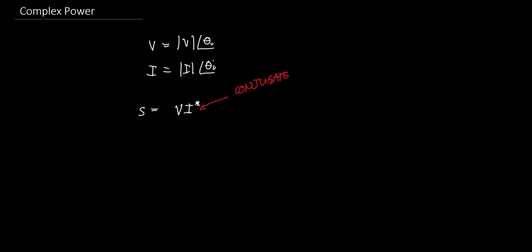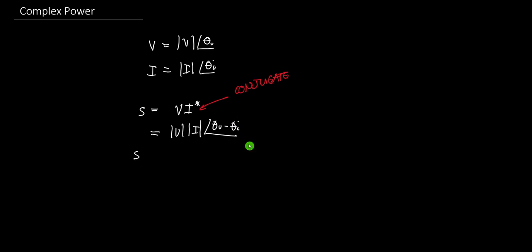So if we multiply now, S has the magnitude of V times the magnitude of I. Then we add the angles, and because this is a conjugate, this should be theta V minus theta I. And we actually know this.